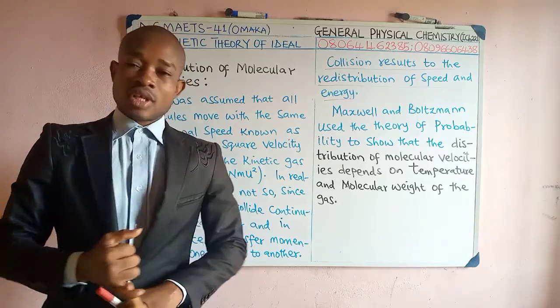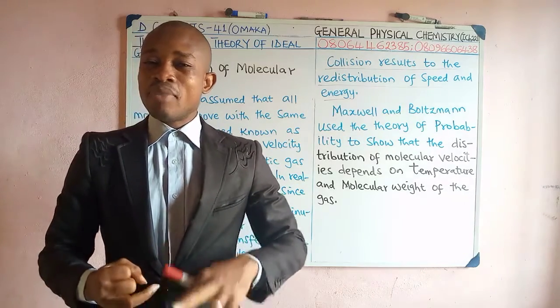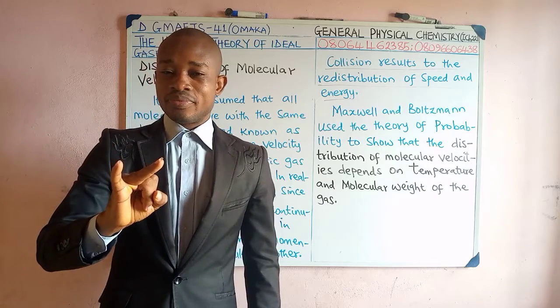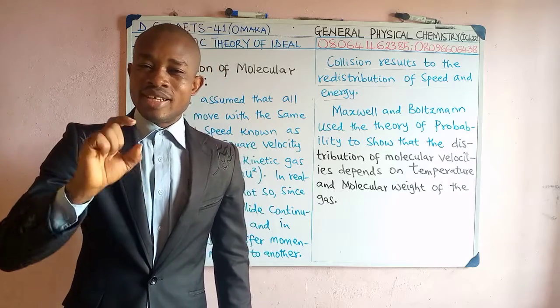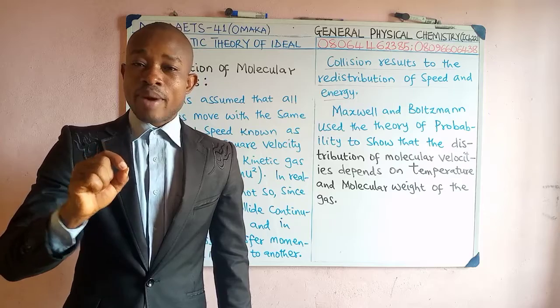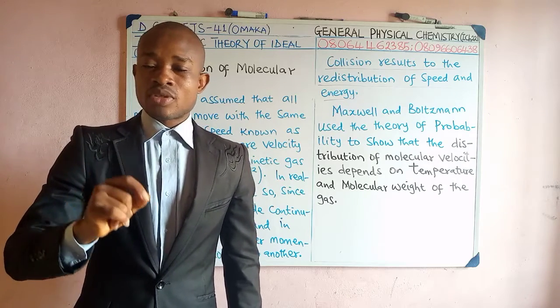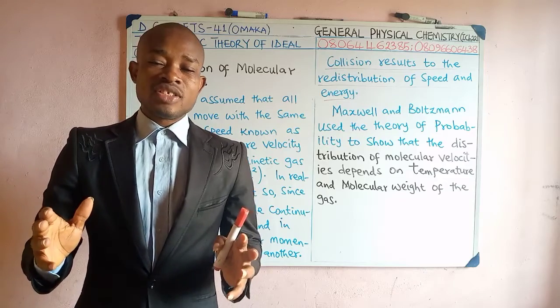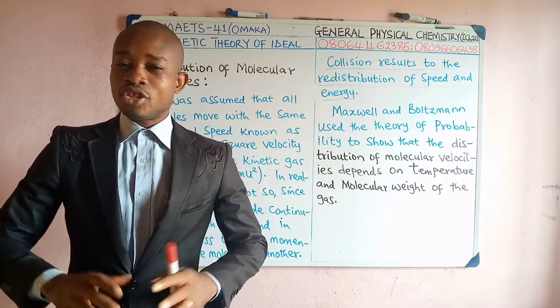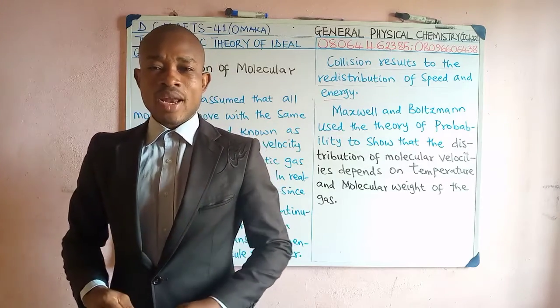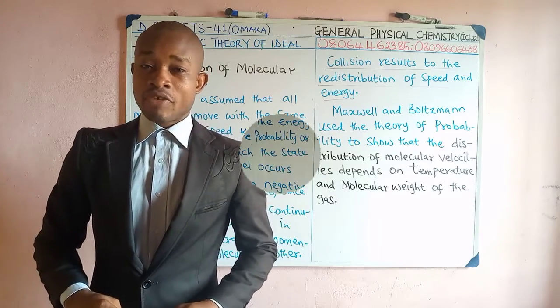The absolute temperature as well as the molecular weight of the gas molecule. In the next video, we're going to look at the statement by Boltzmann and Maxwell, their probability distribution statement, and of course deduce the pre-exponential factor, also known as the frequency factor, as well as the partition function.